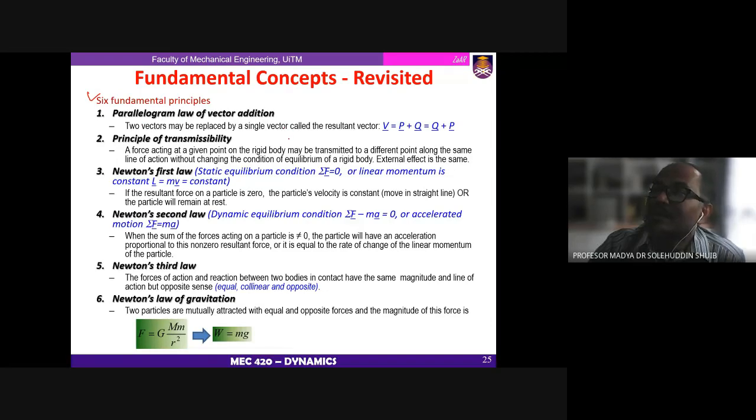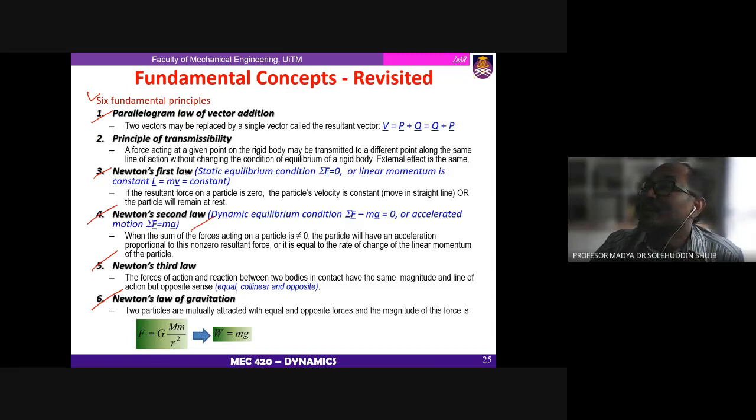And I would like to highlight also Newton's second law, which we mentioned just now. And then you have another one, Newton's law of gravitation, and Newton's third law, Newton's first law. All of these you have gone through.